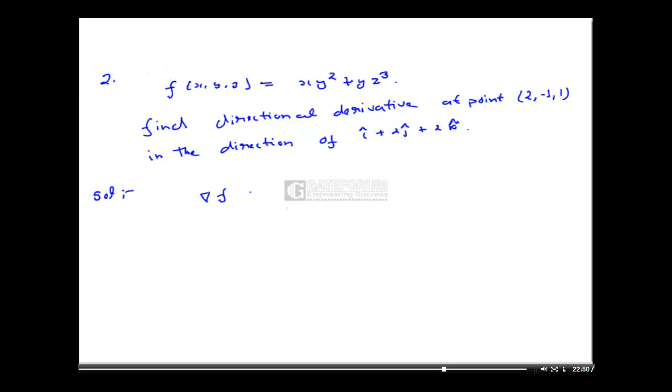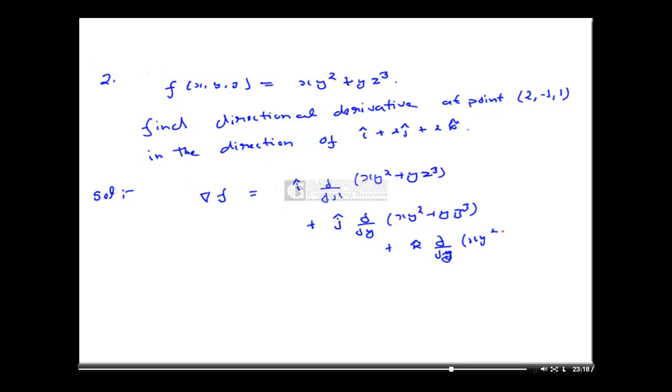Delta f is i times del by del x of (xy^2 + yz^3) plus j times del by del y plus k times del by del z of (xy^2 + yz^3).